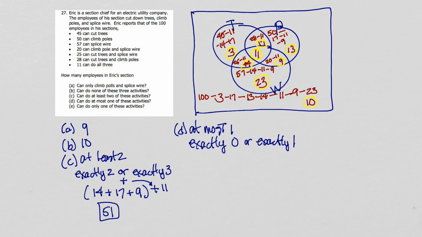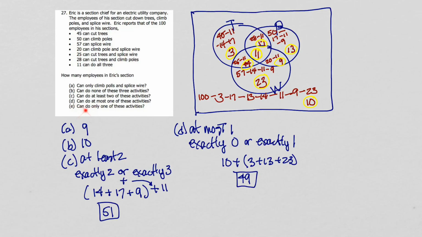You could get none or exactly 1. So let's add these up then. So exactly 0, that comes from this one right here. That's the 10. So we're going to get our 10 plus, and then exactly 1, that's going to come from this one, and this one. So what we're adding here is 3 plus 13 plus 23.